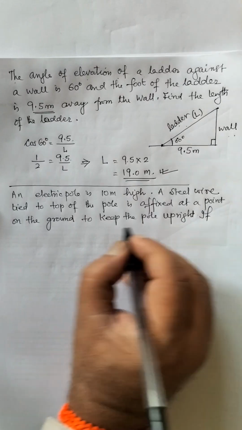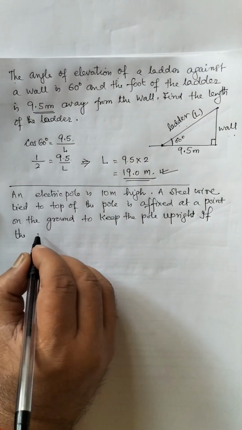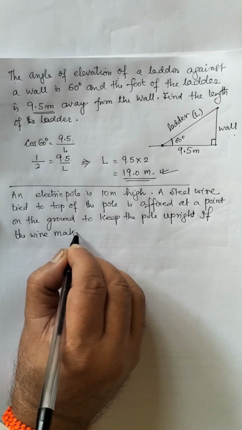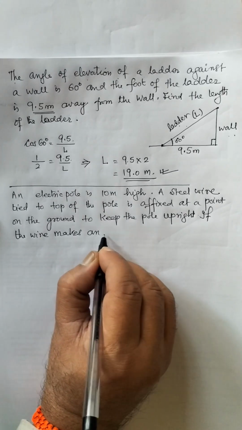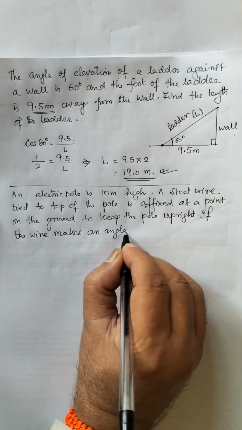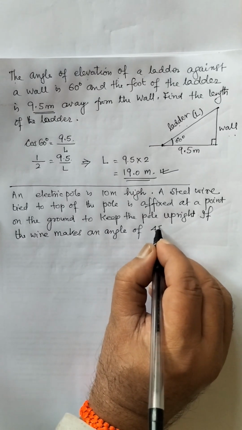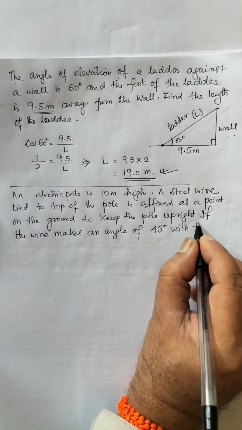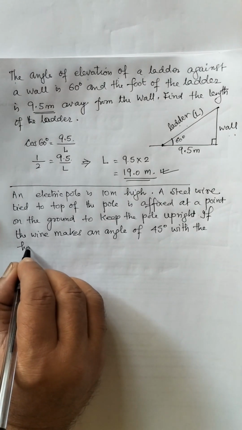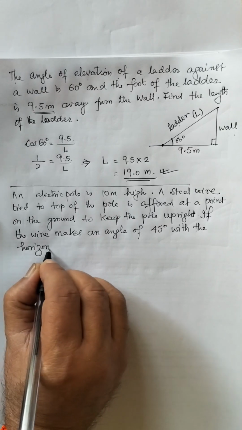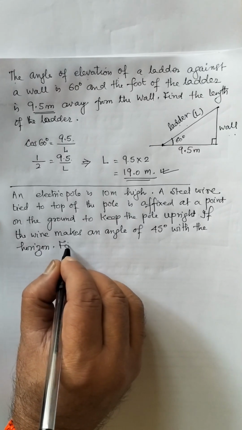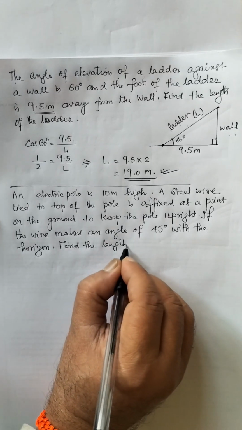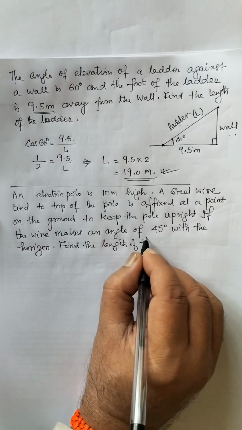If the wire makes an angle of 45 degrees with the horizontal, find the length of the wire.